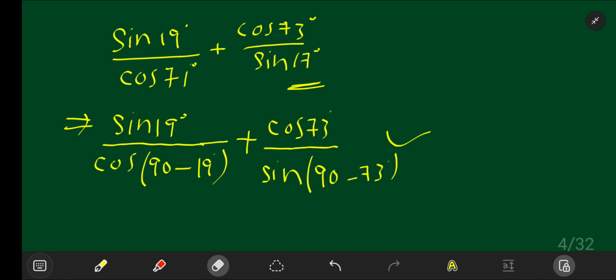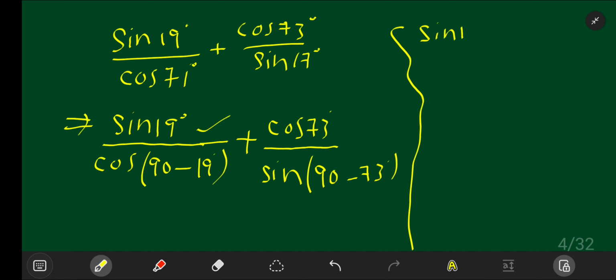Now, sin 19 divided by cos 90 minus theta. Cos 90 minus theta. When theta is added with 90 degrees, 270 degrees and so on, then the trigonometric function changes. I already told you.